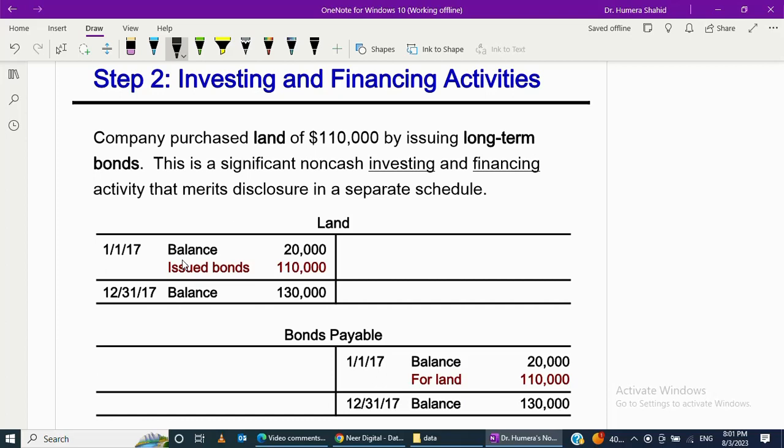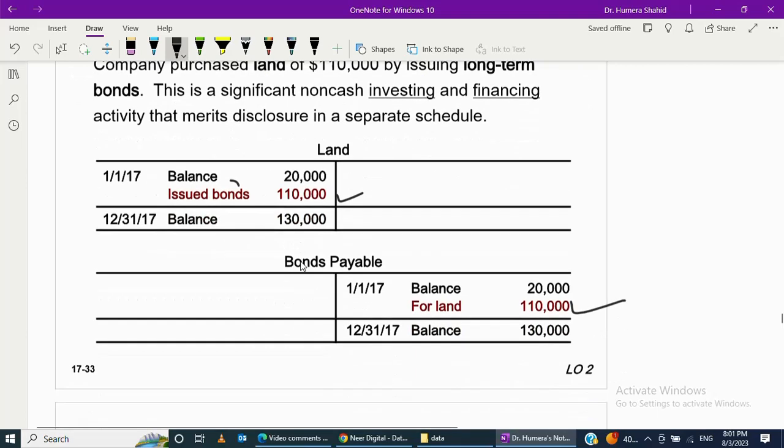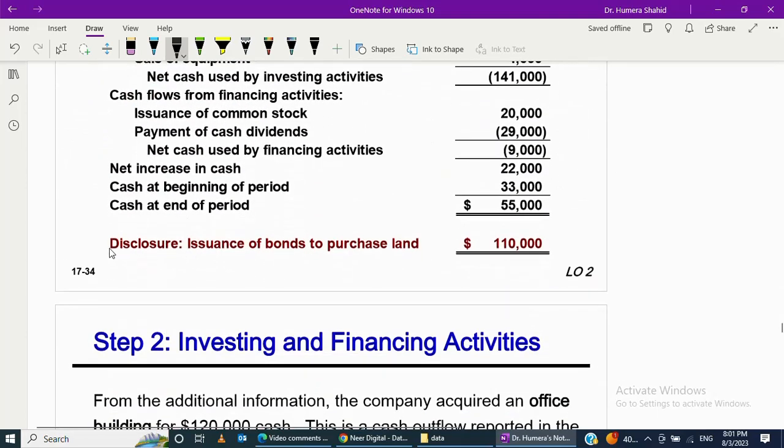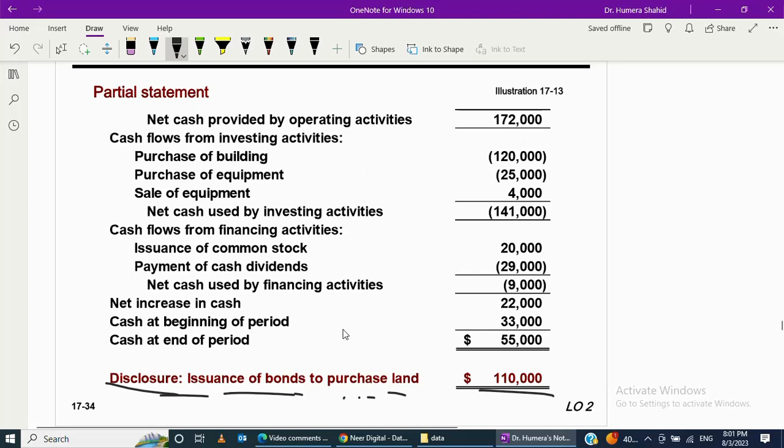So this is a non-cash activity, right? So land is increasing, but this is because of the bonds. So non-cash investing and financing activity, so you have to put it in the disclosure. Can you see? This is the disclosure, issuance of bonds. At the end we put it. Okay, I did not discuss any of these with you, but just wanted to show you.